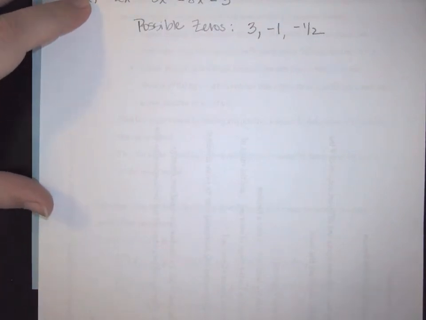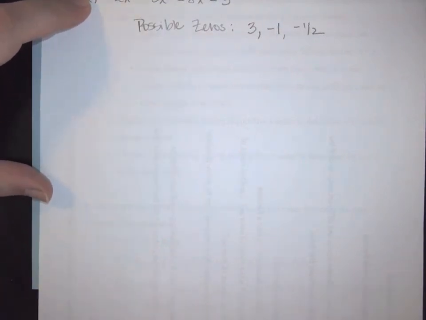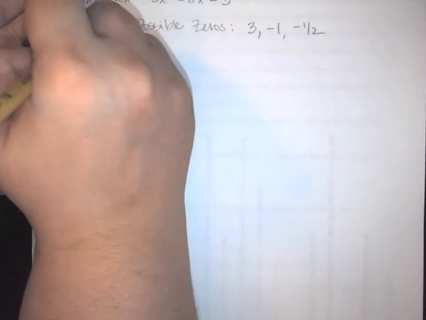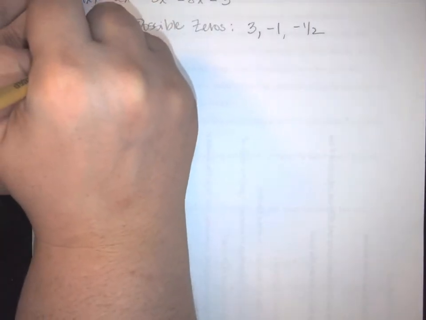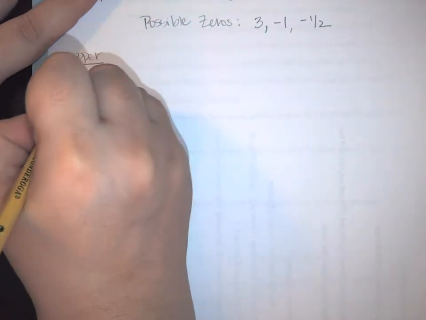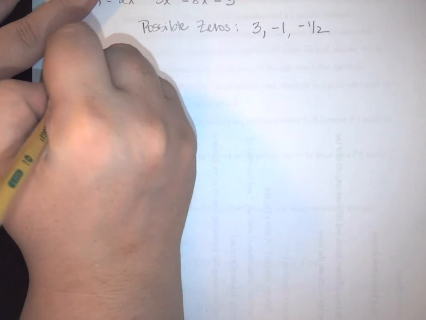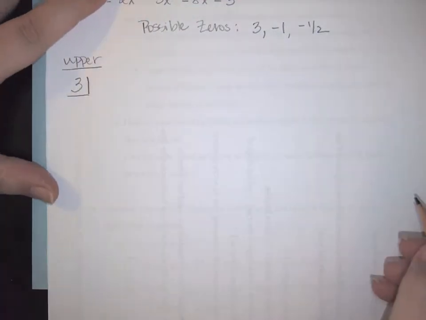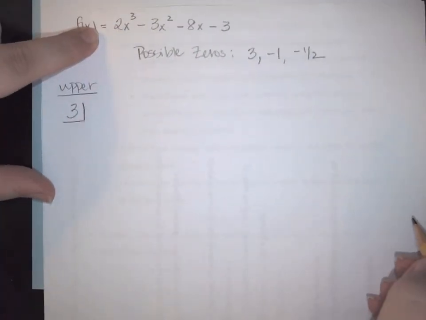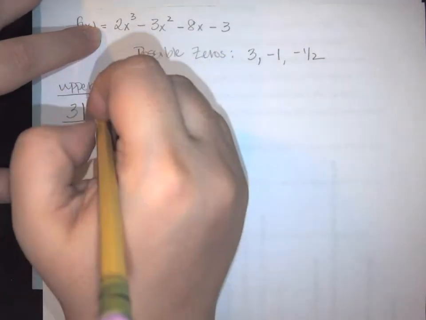So the first thing that I would do is I would go ahead and test for my upper bound. So here I'm going to look for my upper. So I'm going to test synthetic using my highest positive zero, which is the 3. Now with that I have my function here, so I need to go ahead and use those coefficients.